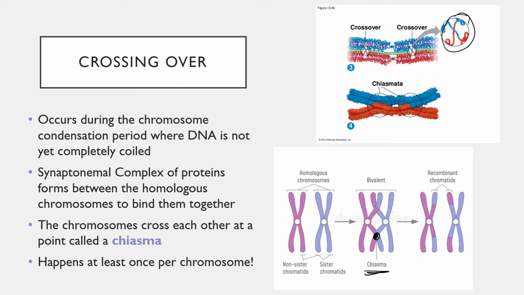This can happen either once on a chromosome, where we just have one leg crossing over, or you can have a bivalent crossing over experience where it happens on multiple parts of the leg. And this is going to happen at least one time on every single chromosome in the cell that's undergoing meiosis. So you can see how if this is all occurring at random points, we're going to end up with vastly different cells.